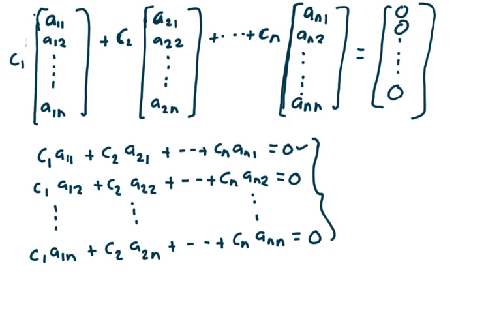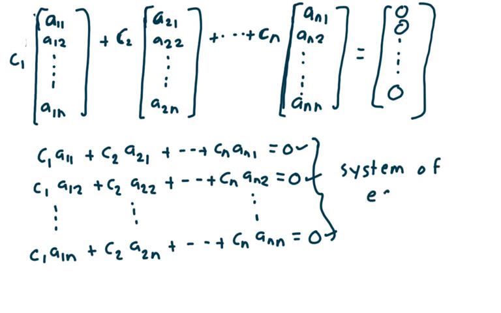Then I'm going to take c1 a12 plus c2 a22 plus all the way through until cn an2 and set that equal to 0. And I'm going to keep going until I get to c1 a1n plus c2 a2n plus all the way through until cn ann, and that's equal to 0. So notice how we have a system of equations.